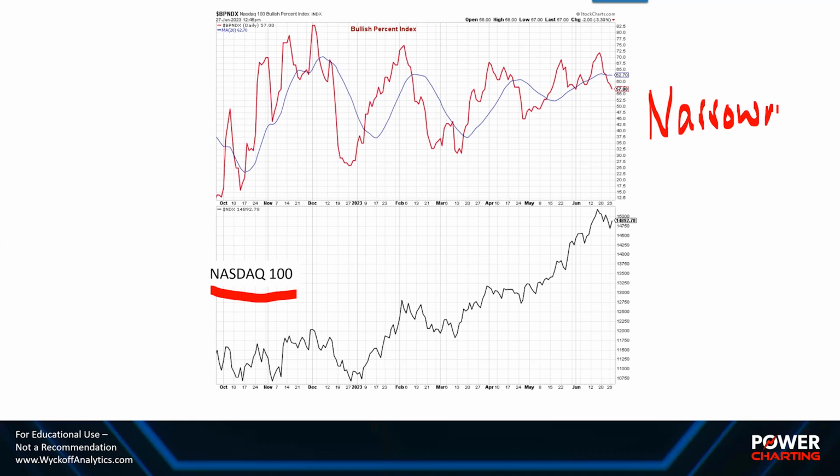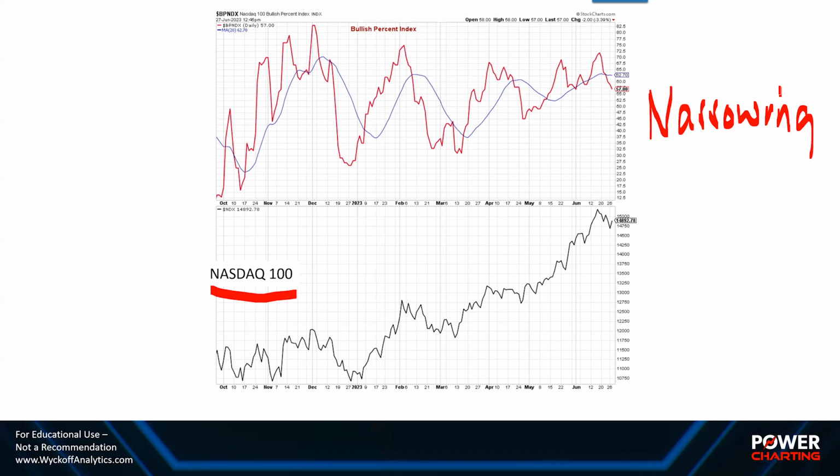And so we have a narrowing market away from many of the stocks, even in the Nasdaq 100, that aren't the mega cap, super big companies like Apple Computer, which is approaching a $3 trillion market cap.